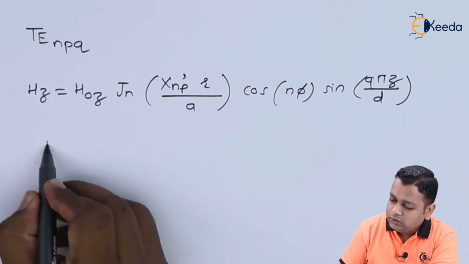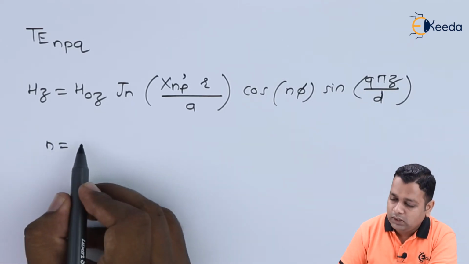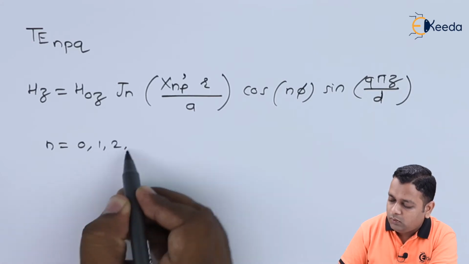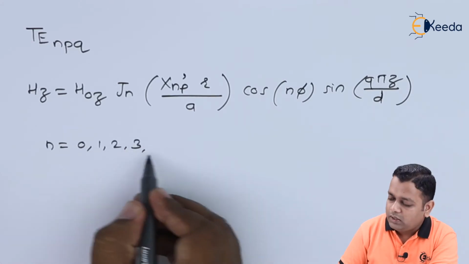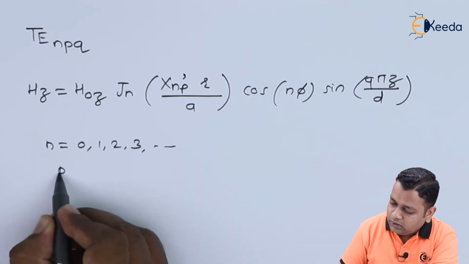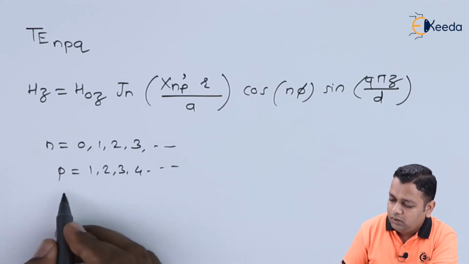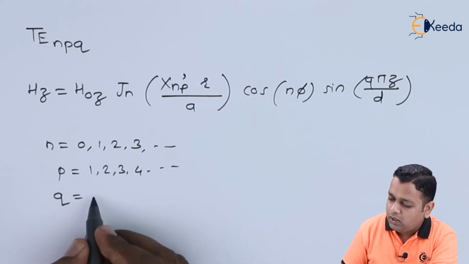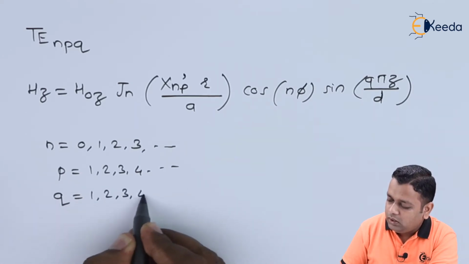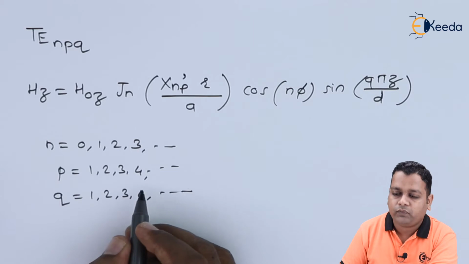Here we have small n holding the values 0, 1, 2, 3 and so on. P is equal to 1, 2, 3, 4 and so on. Q is equal to again 1, 2, 3, 4 and so on.